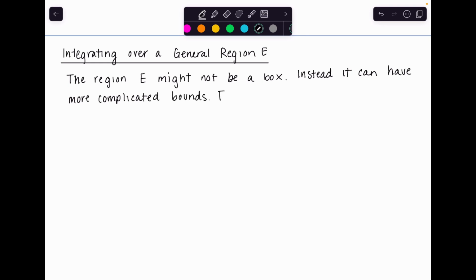So for example, we can have functions like the following.